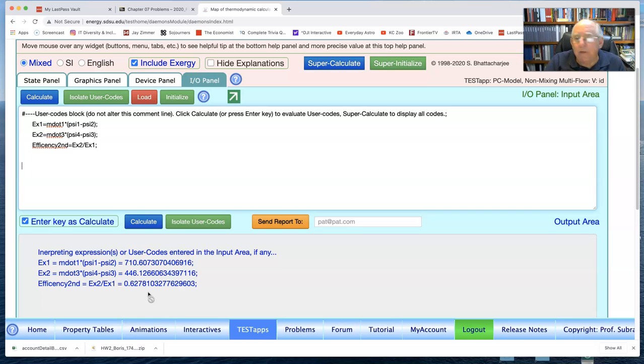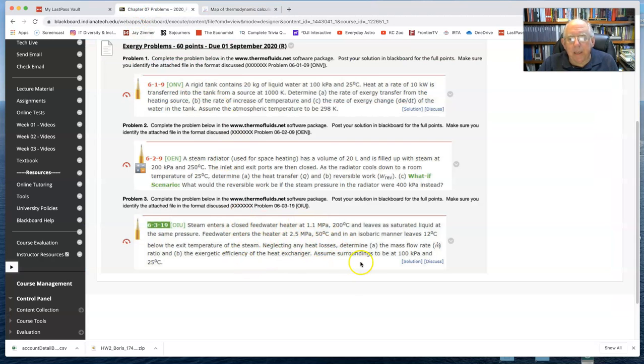We would like to have it all picked up there. We'd like to have a full conservation of exergy, but there are irreversibilities associated with heat transfer. And so we've solved this last problem here, in that we've determined the exergetic efficiency of the heat exchanger. And that finishes up this third problem.